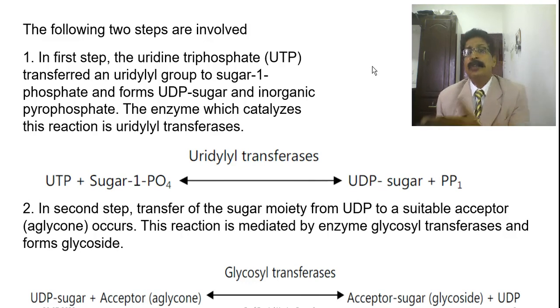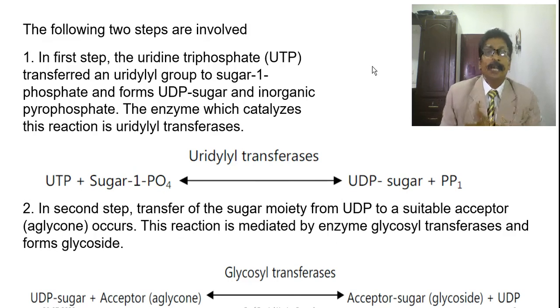It is converted to uridine diphosphate sugar, and the second step is coupled with the aglycone molecule. The second step is the transfer of the glucose moiety from uridine diphosphate to a suitable acceptor, a suitable aglycone.